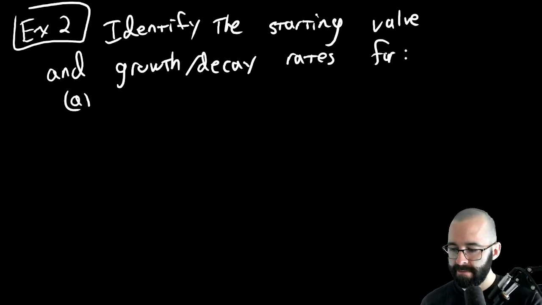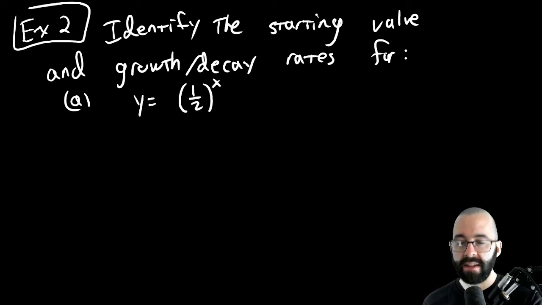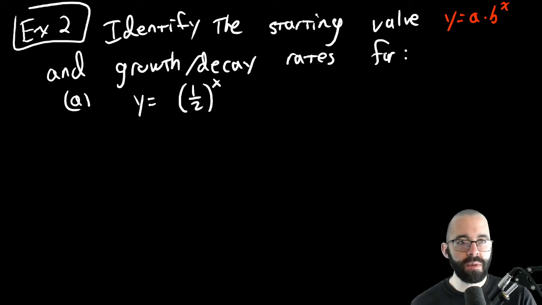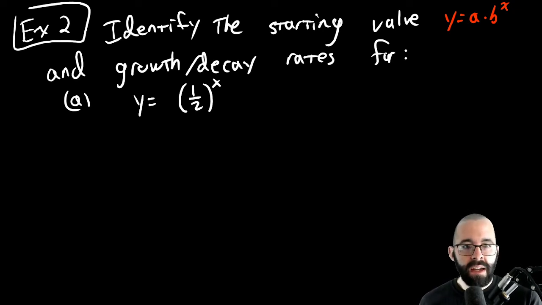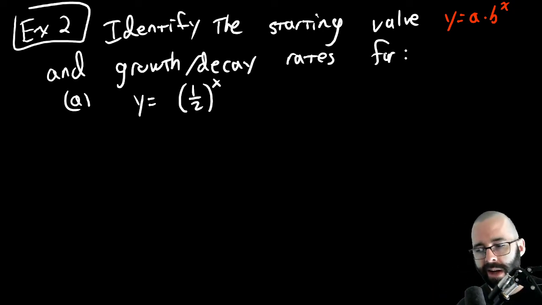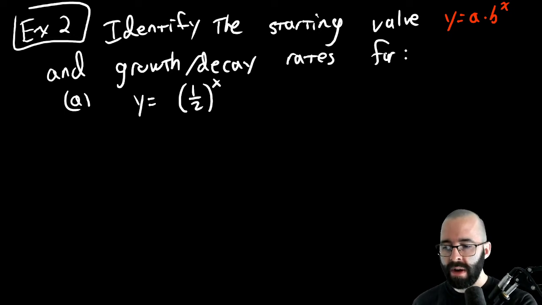Part A. y equals 1/2 to the x. So keep in mind, right? This is what we were just talking about. y equals a times b to the x. a is the y-intercept, the starting value, and b is the growth rate or the decay rate. So right off the bat, the starting value is this a.